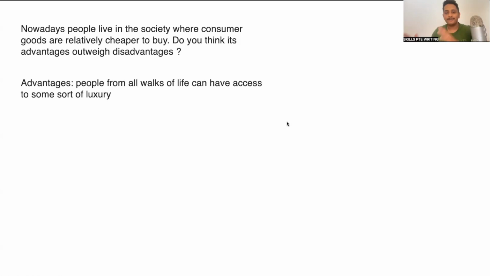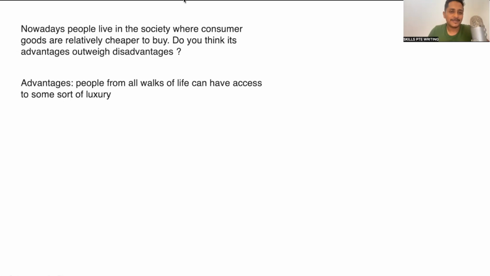So the gap is slowly narrowing down. It's not widening. People from all walks of life can have access to some sort of luxury. People who have never seen such luxury will be able to experience it to some extent. They will have a better life. That's the advantage.